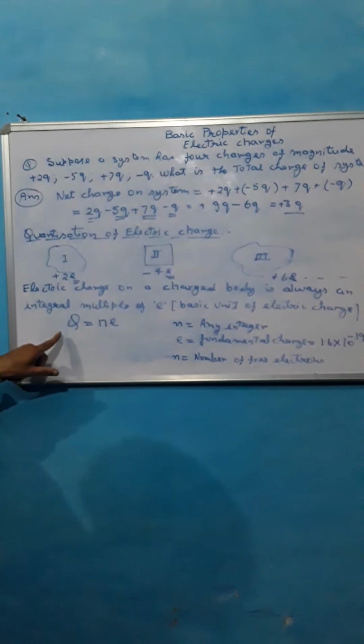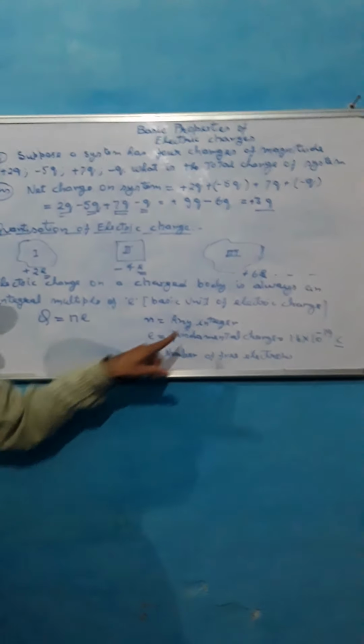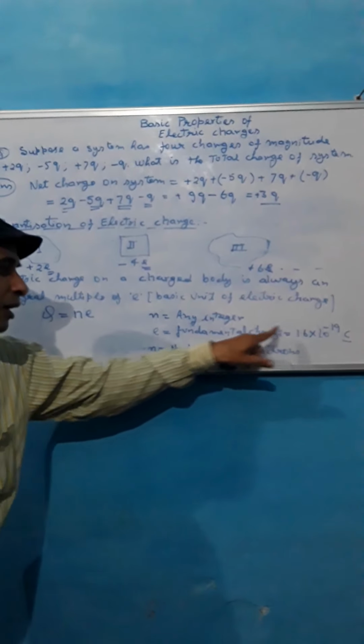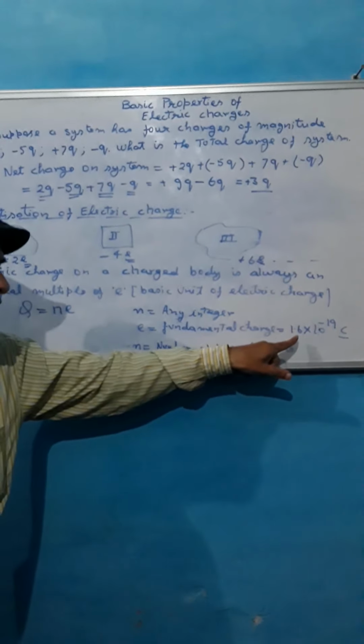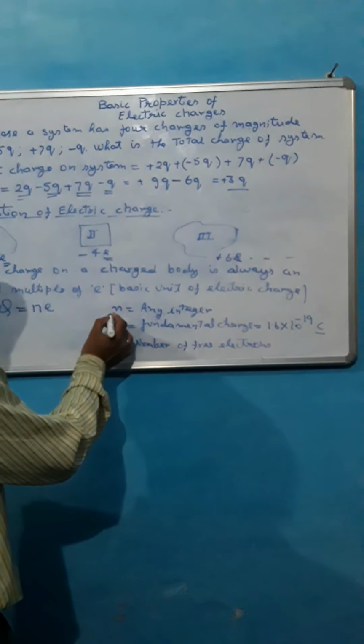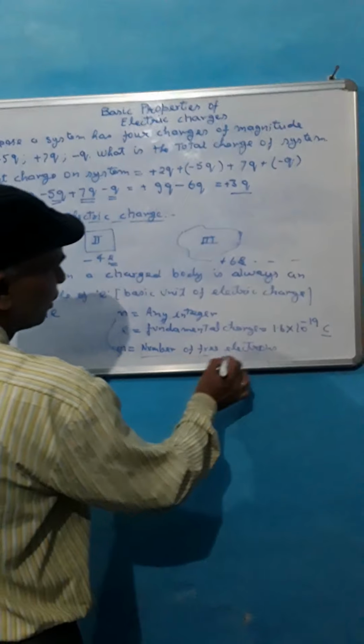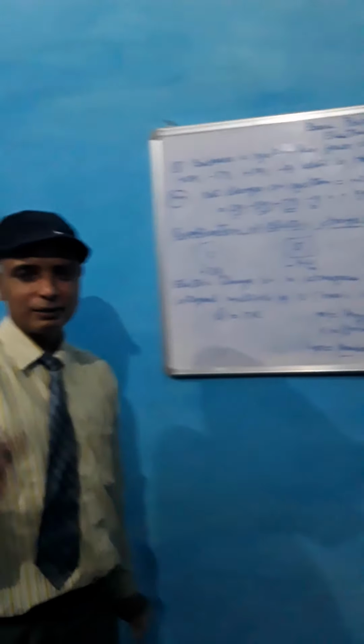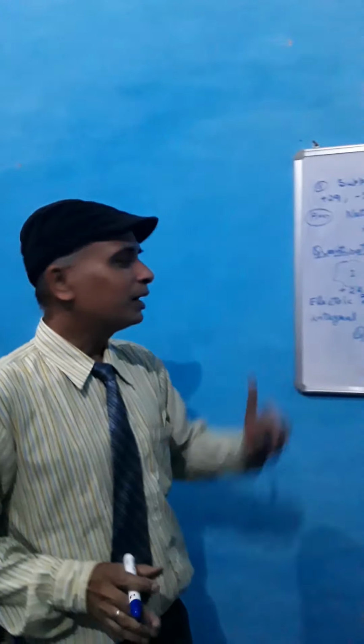Mathematically, I can express this Q is equal to ne. n is an integer, e is the fundamental charge or the basic unit of charge. Its value is 1.6 into 10 to the power minus 19 coulomb. And n is actually the number of free electrons. And we know that bodies get charged by the transference of electrons. So this is the quantization of electric charge.